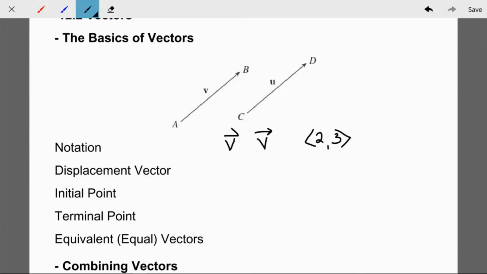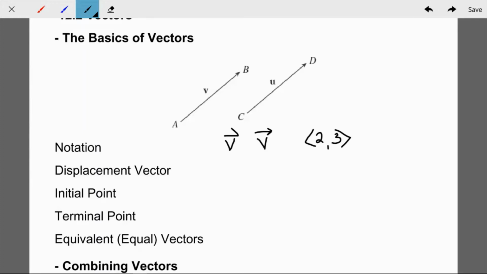What I'm really looking at is the direction that I traveled and how far away it was. Those are the two things that a displacement vector can give me. When we talk about the initial point, in terms of a displacement, if you look at this vector AB up here, point A would be my initial point, and then the point B over here would be my terminal point.